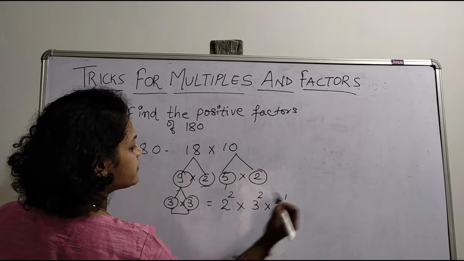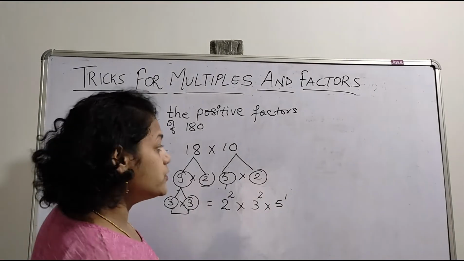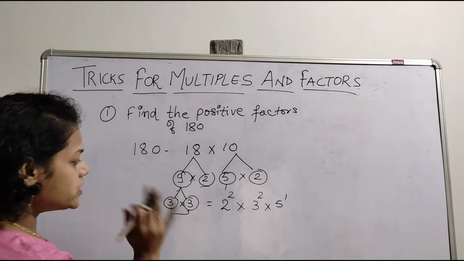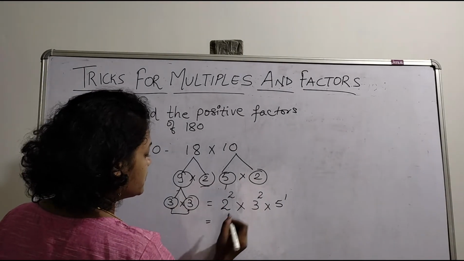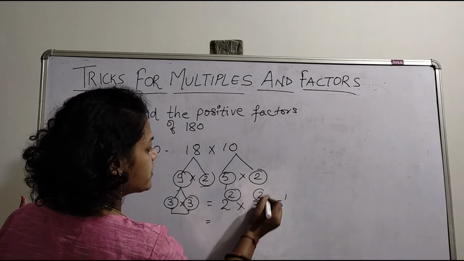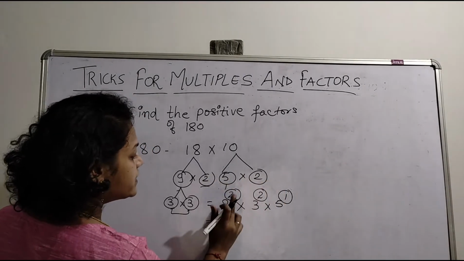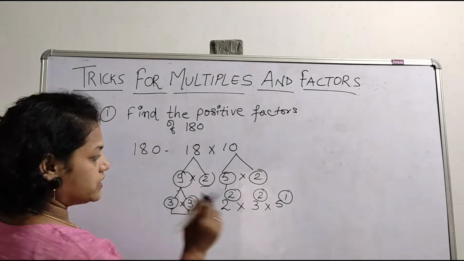The question is the positive factors of 180. So what you have to do now is add 1 to every power.